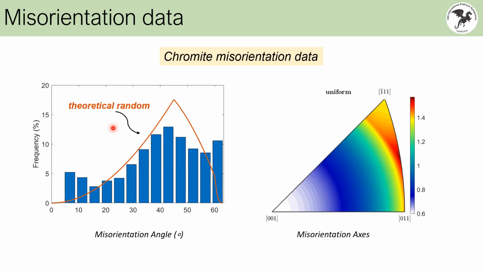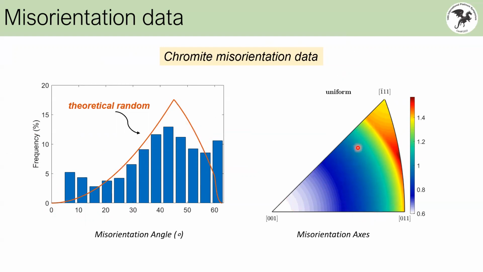Each crystallographic group has a theoretical distribution of these angles. If you had a random distribution of chromite grains, they would fit this red curve. And that's the same with the axes. The blue is the real data, and the red is the theoretical distribution of these angles. I'm not actually going to go into this because this is just an example.